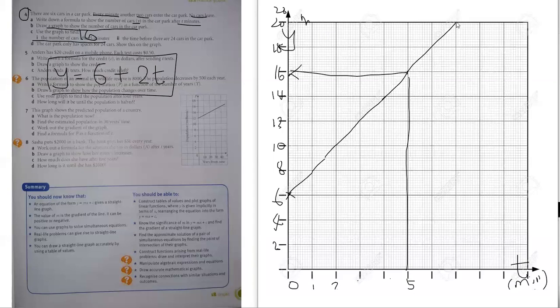Then you touch here and see what the value of t is. That will be your answer. My graph cannot show it because it's out of range already. So make sure you have space to draw up to 24. Then you can see the value of t, meaning after t minutes, the car park is going to have 24 cars altogether.